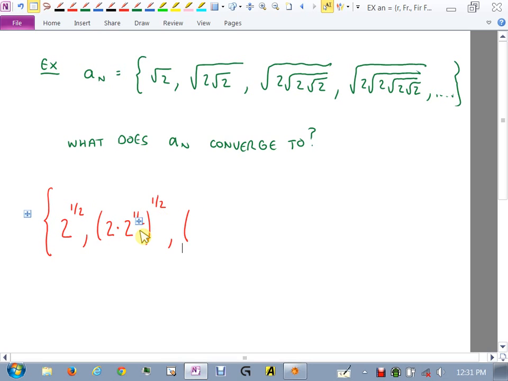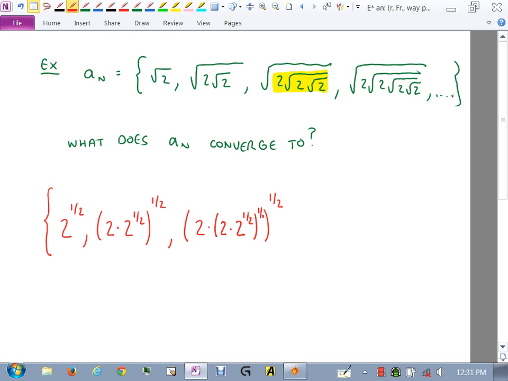I know I have 1/2 out here. What is this piece in here? It's 2 times the previous one, which was 2 times 2 to the 1/2 to the 1/2. Do y'all agree with that? And then we could keep going with this, couldn't we?